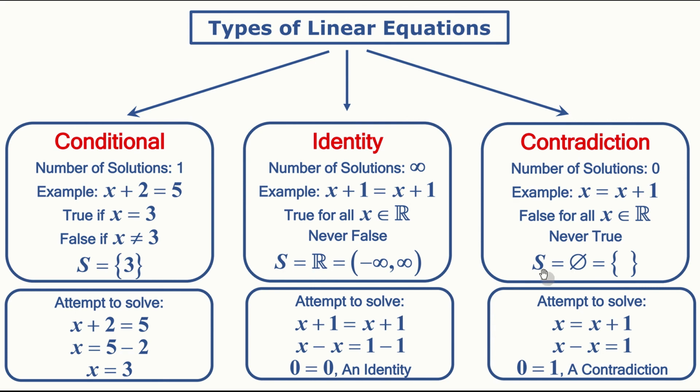And in this case, we say the solution set is the null set, which we write like that, which is also the same as this, the empty set, and they're the same thing. When you try to solve one of these, notice what happens. Get the x's on one side, one number on the other side, you end up with 0 equals 1, which is indeed a contradiction. Identities and contradictions aren't always going to look so simple. They could be in disguise. We'll see one or two later.